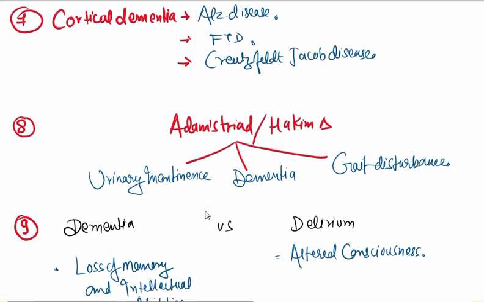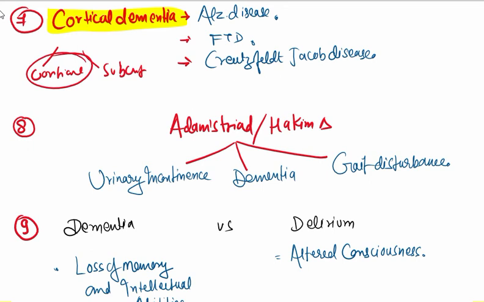Next one, cortical dementia. Based on location in the brain, dementia is divided into two types. One is cortical dementia, another one is subcortical dementia. So we will see a few diseases of cortical dementia.